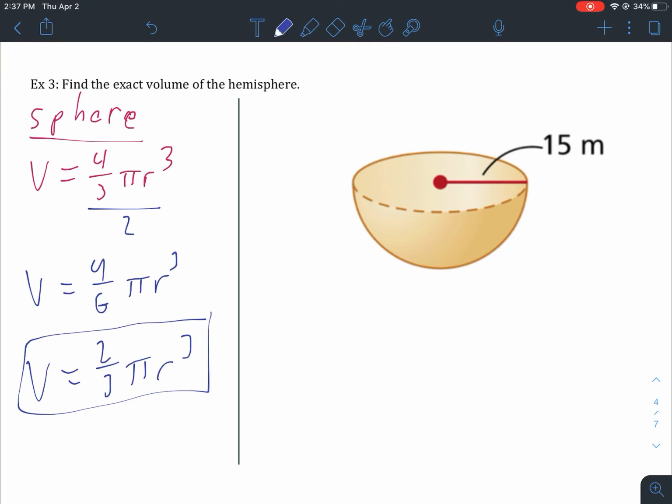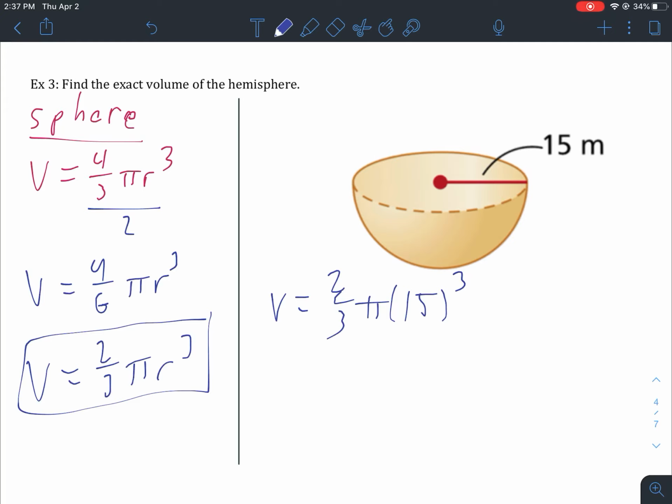Since we know the radius here is 15, 2/3 pi times 15 cubed. Type in 15 to the third power. Multiply it by 2. And let's see what we get here.